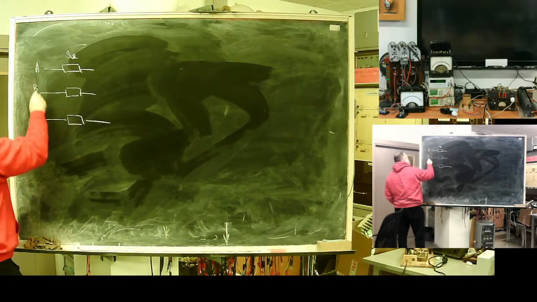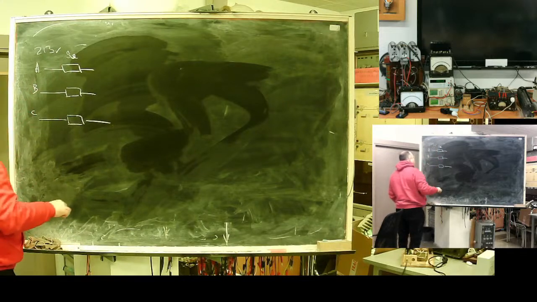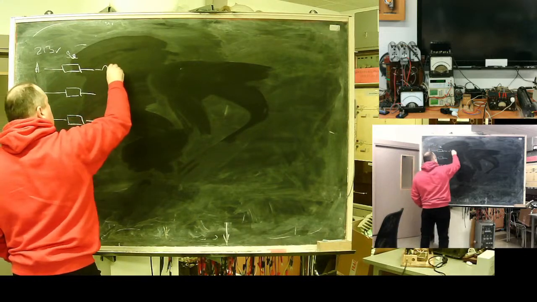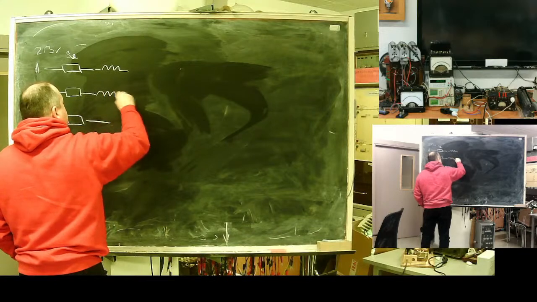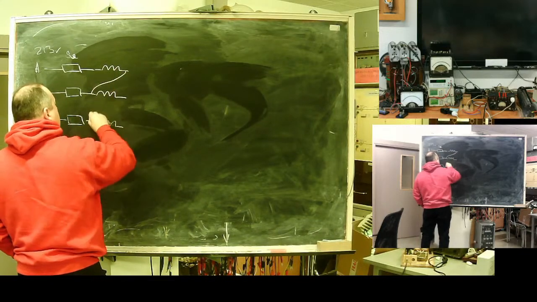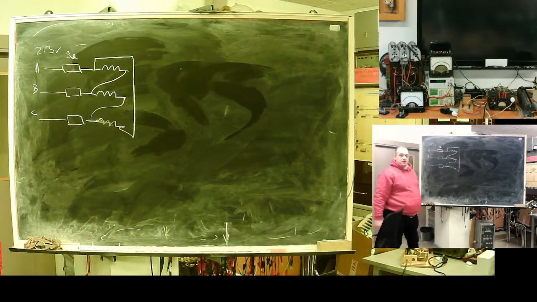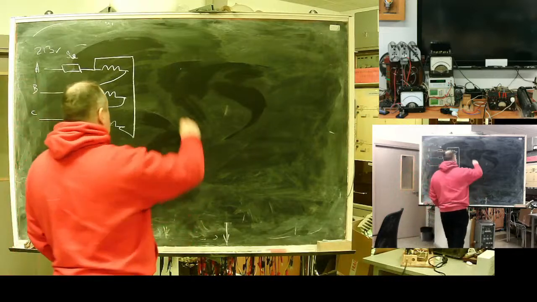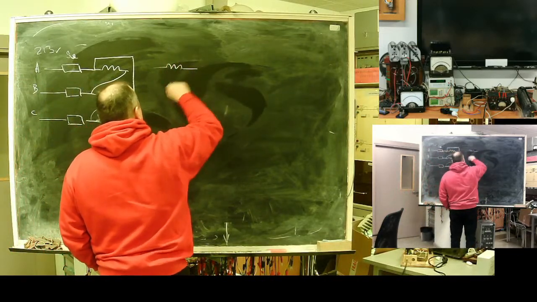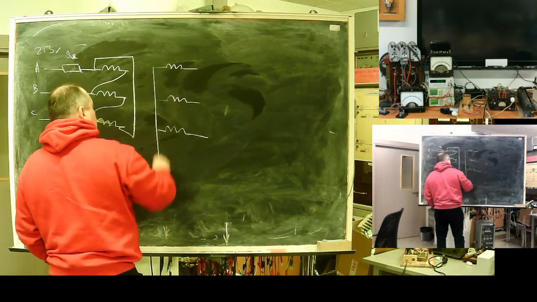A, B, C. Here I have 230 volts network. Delta connected primary windings of transformer. On a secondary side, I have prepared what I got.